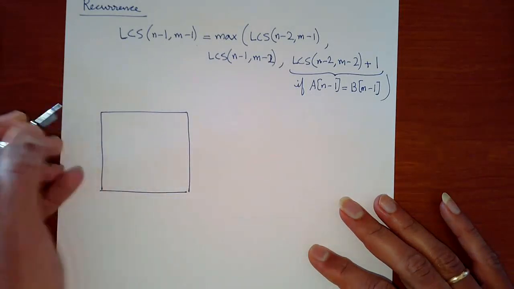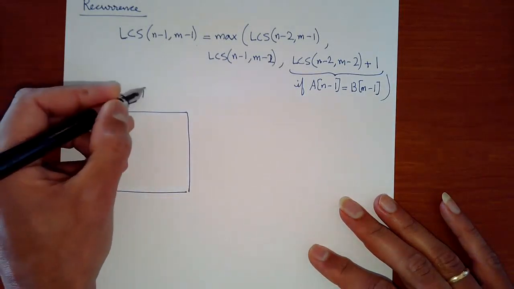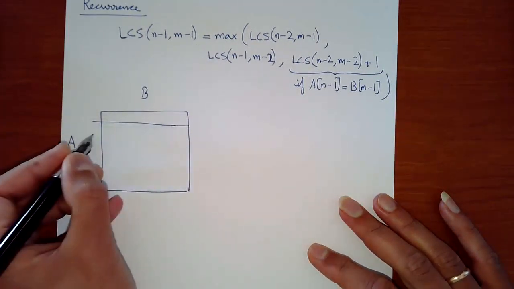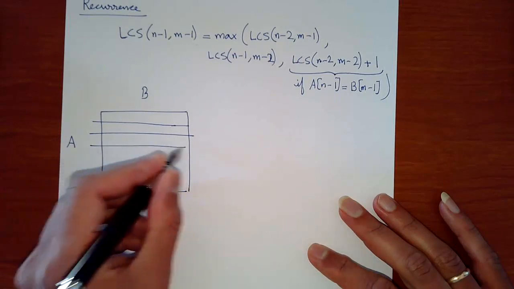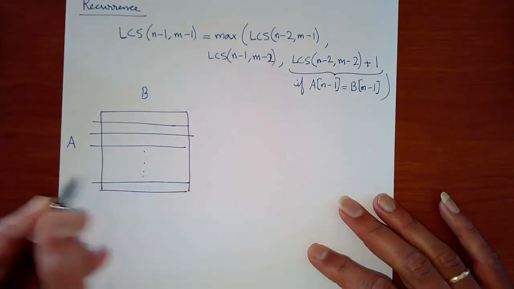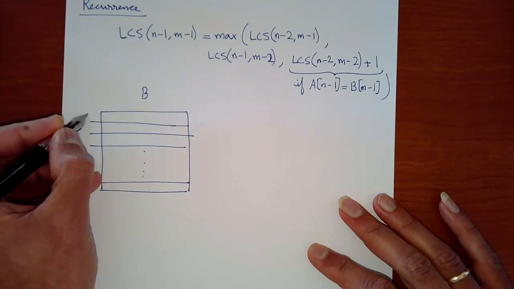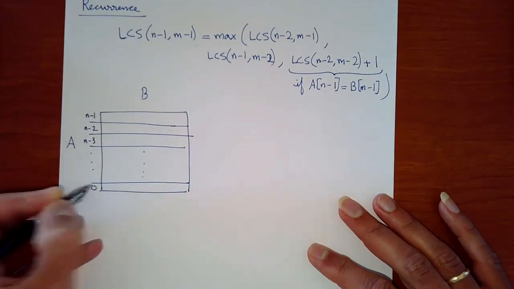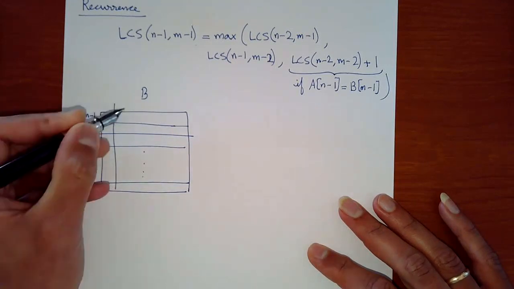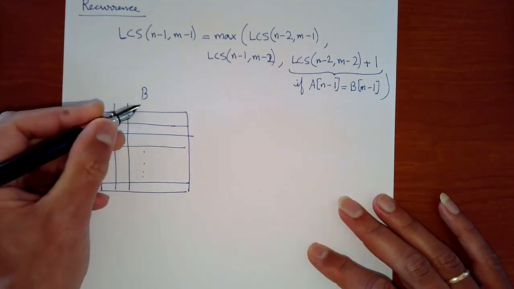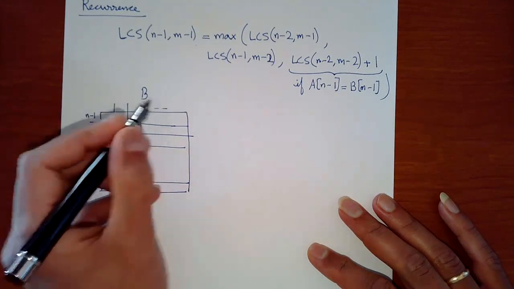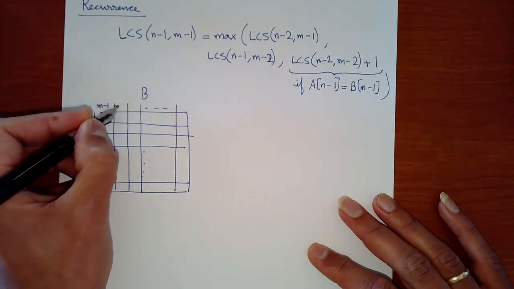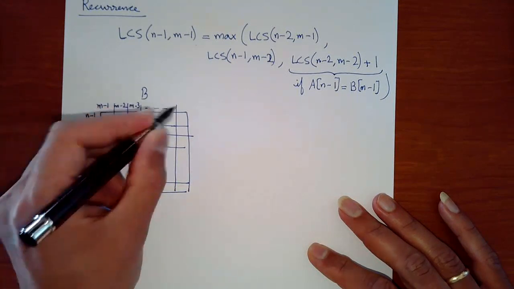I think of this as the index of A and the last index of B. So I'll go from the last index being n minus 1, n minus 2, all the way to 0, and M minus 1, M minus 2, M minus 3 to 0.